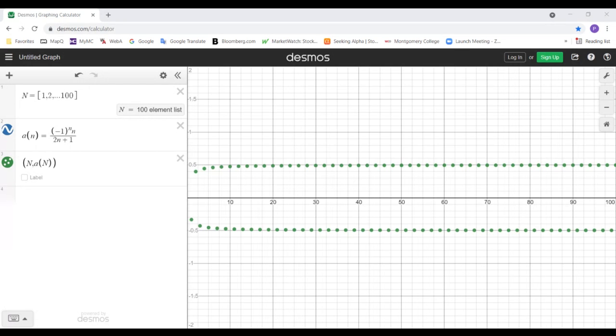So the step just controls the distance, like the X scale on a TI calculator.